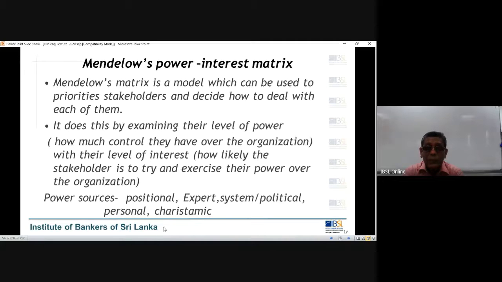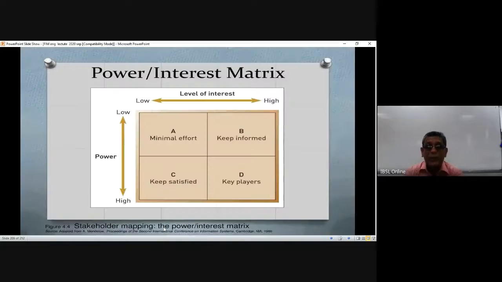For customers, different customers are coming to your bank, bringing different monies and lifetime business to the organization. So you need to understand their power. Based on that, you can place them; it is called Mendelow's matrix. So you think on that.